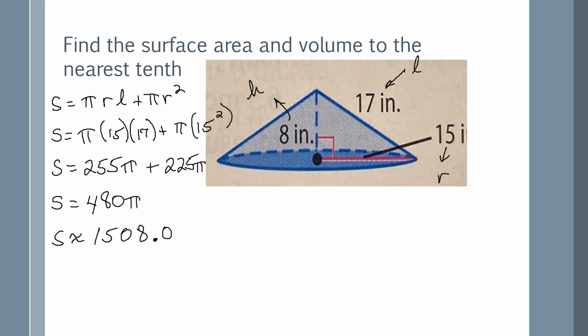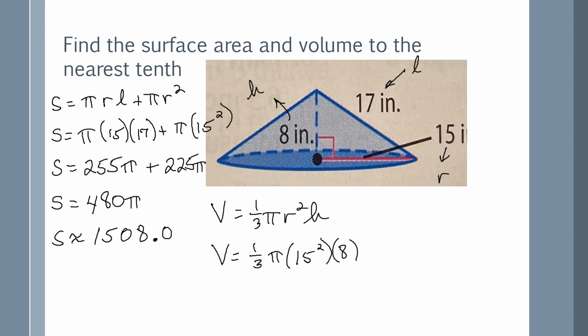So the volume again for a cone is 1/3 pi r squared times the height. So we're just going to punch that in. Volume is equal to 1/3 pi. The radius squared is again 15 squared times the height of 8.